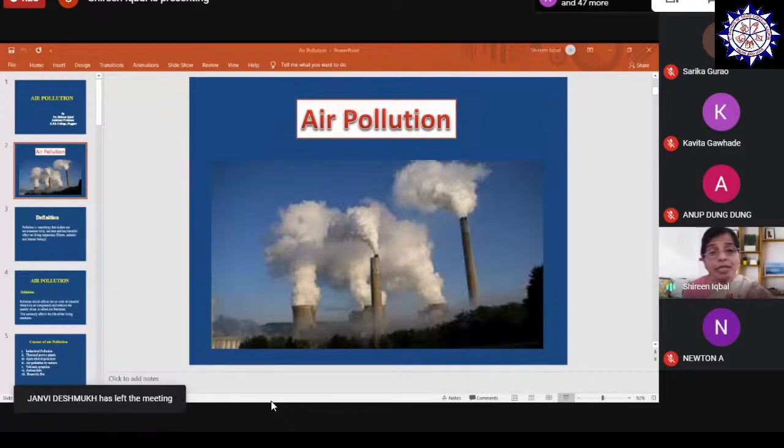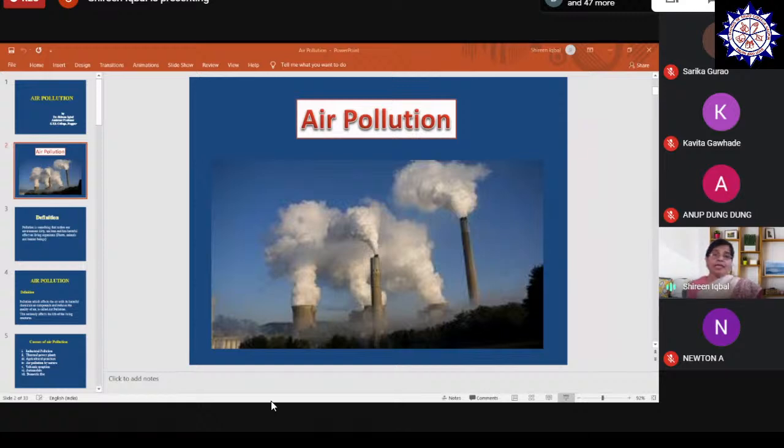What is the exact meaning of pollution? Pollution makes our environment dirty and unclean, and it has a harmful effect on living organisms like plants, animals, and human beings. So this is the exact definition of pollution.